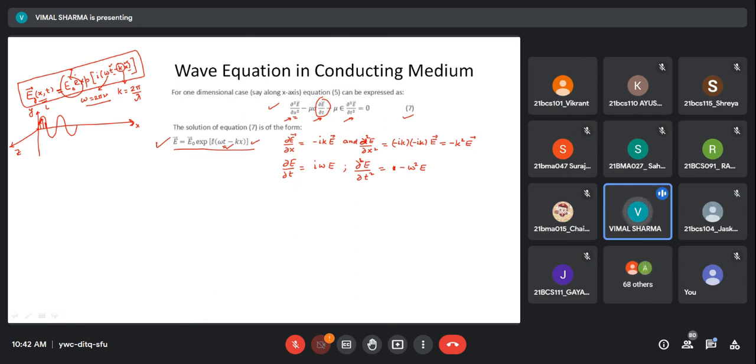So I plug my solution of this differential equation back into the differential equation so that the equation is satisfied.